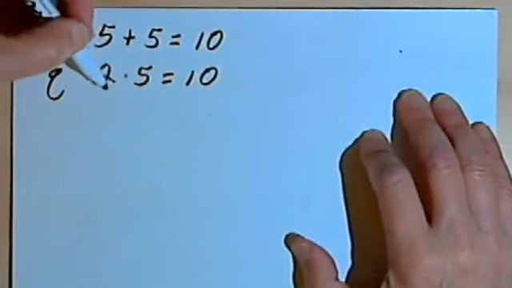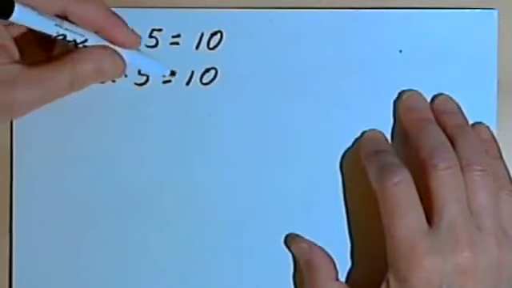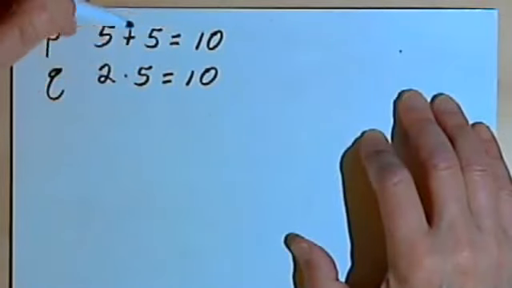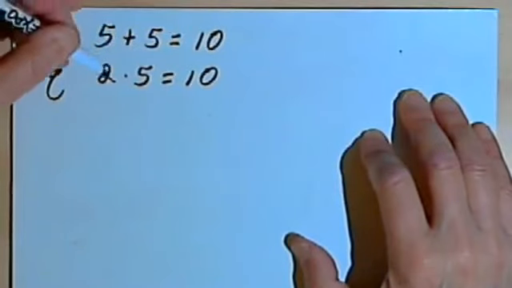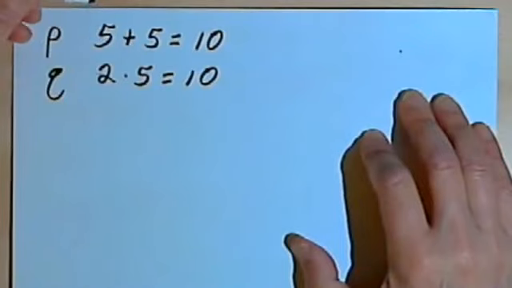I could also state them in the other direction. If 2 times 5 equals 10, then 5 plus 5 equals 10. Now, if I can take both of these statements, reverse them, and get the same result in a conditional statement, this is what we call biconditional.